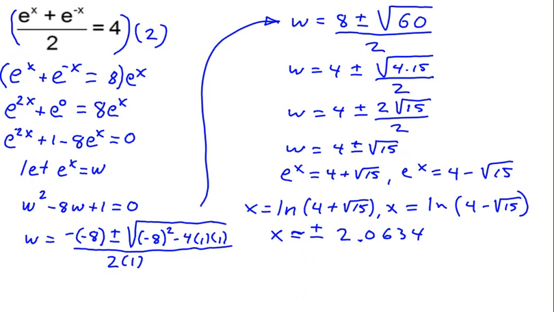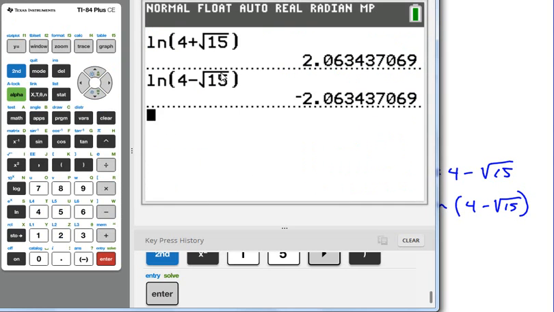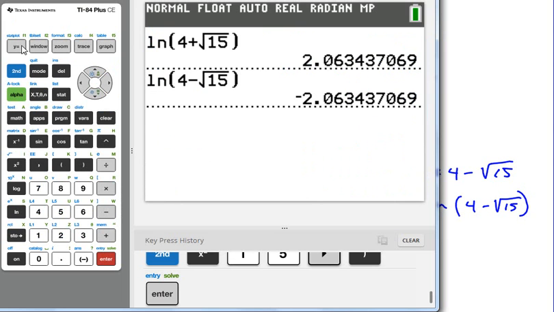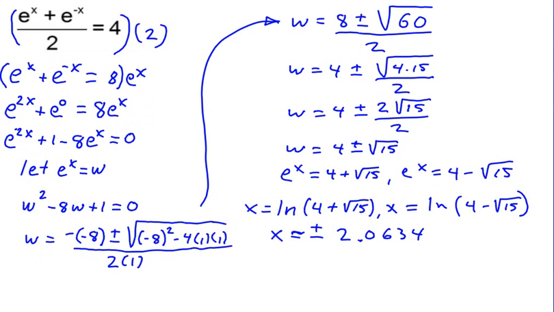And then graphically, in the calculator, I solved by graphing, and the way to do this is you set one side of the equation equal to 0. So if I put f of x is equal to e to the x plus e to the negative x over 2, and we solve this equation for 0 by subtracting 4.